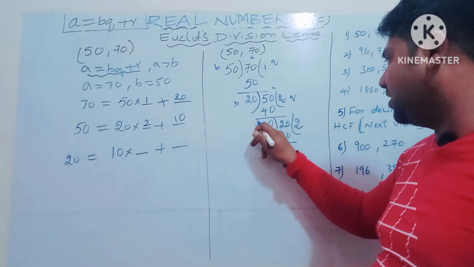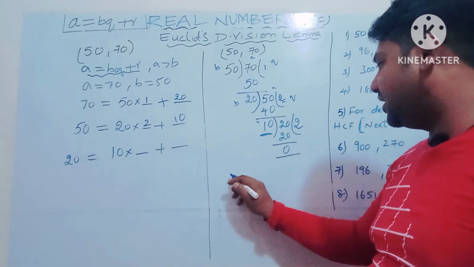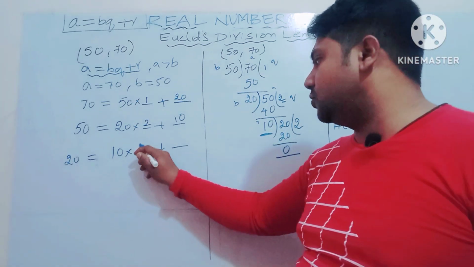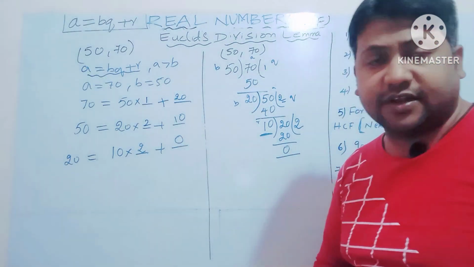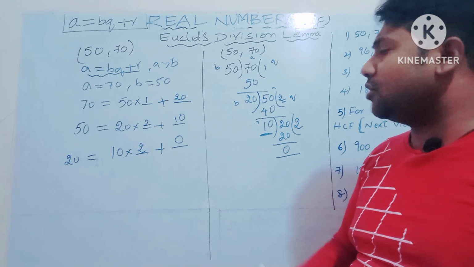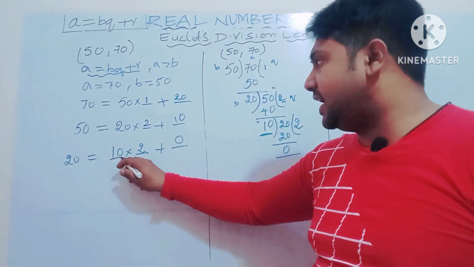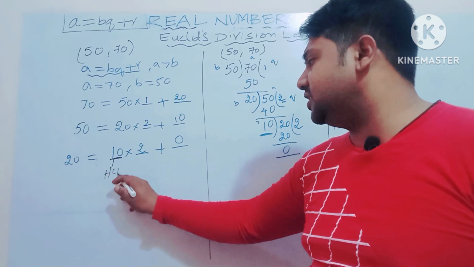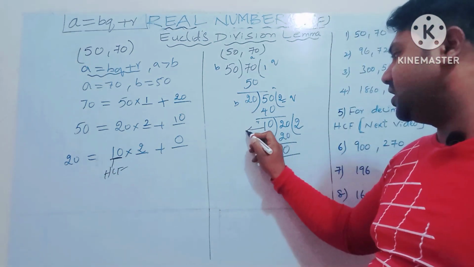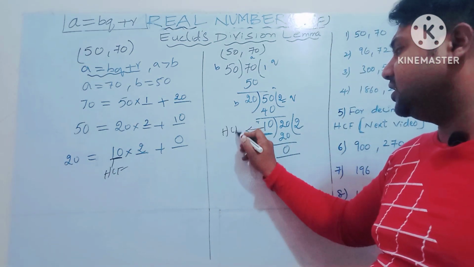So what will be our HCF? Our HCF is 10. 10 2s are 20 and the remainder is 0. So our problem stops here. So what is the final B value? This B value will be our HCF.